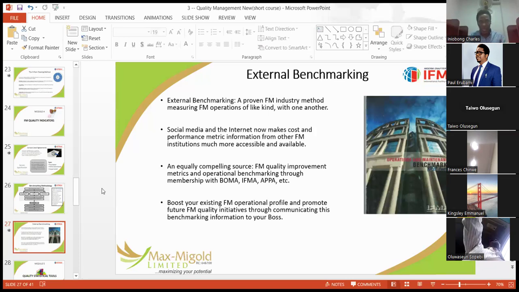And then an equally compelling source: FM quality improvement metrics and operational benchmarking through membership with BOMA, IFMA, and APPA.